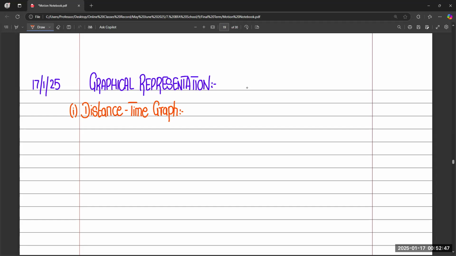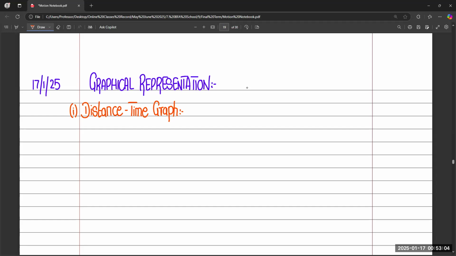And there are two axes on the graph, right? X and Y axis. So we can place two quantities on two different axes and we can find one more quantity from the two quantities given in the graphical representation.